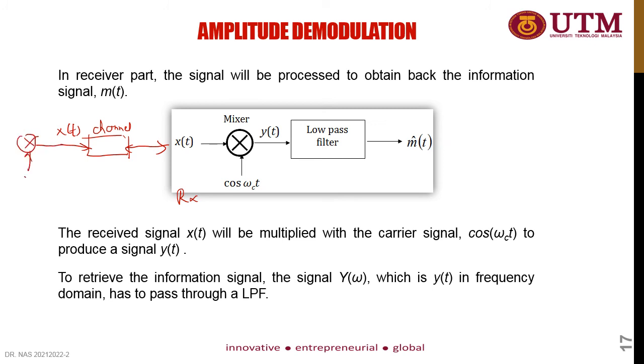It's the multiplication of c(t), the carrier, and the input signal. Here is the modulation process, while at the receiving end you have the demodulation process.